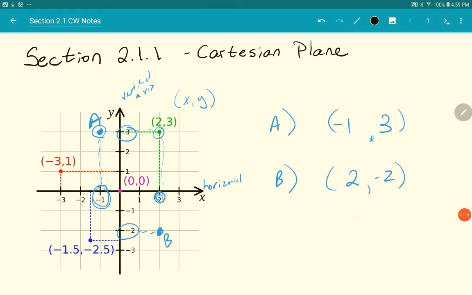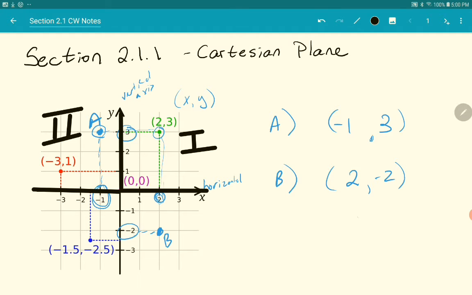Okay, so in this quadrant, right on the top right, where the x is positive and the y's are positive, that is quadrant 1, and that is always positive, positive. And then going left, I have quadrant 2.